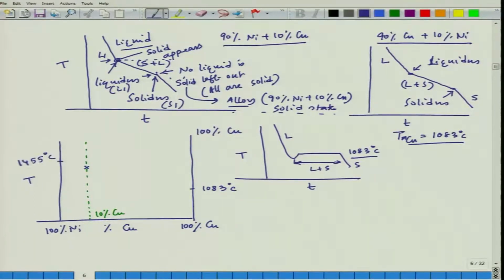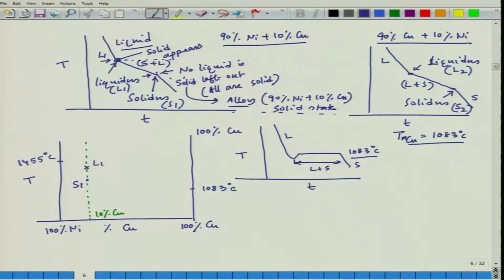For the same composition we are getting 2 points, the liquidus point and the solidus point.